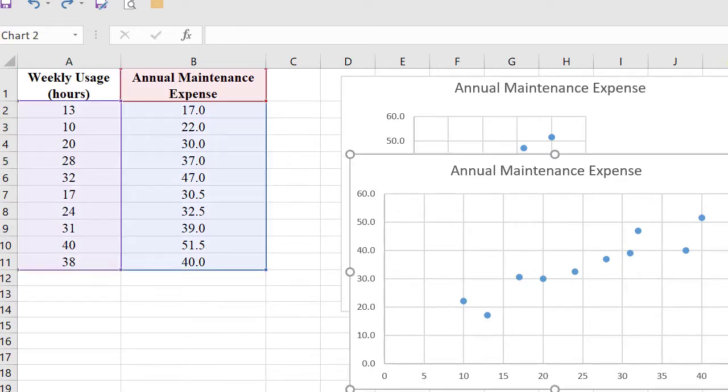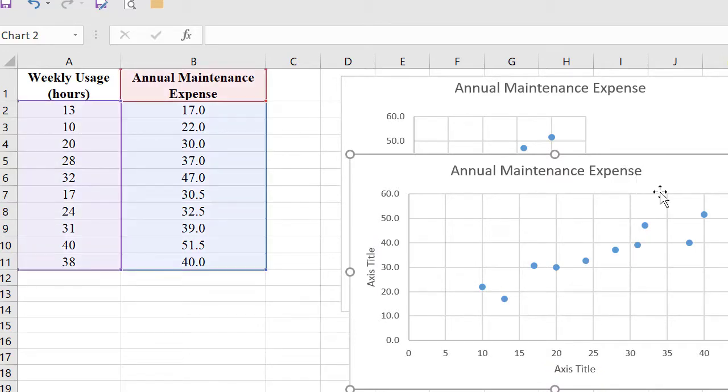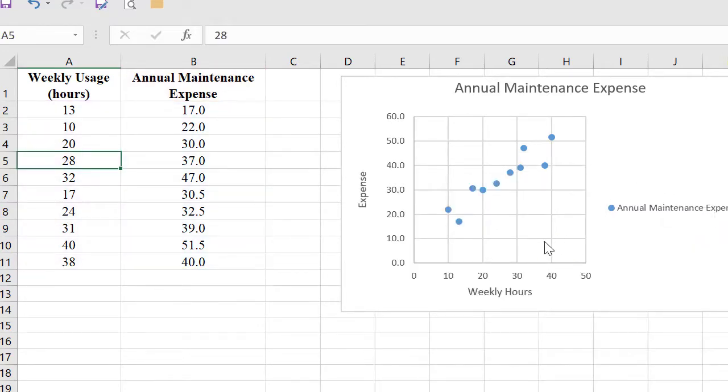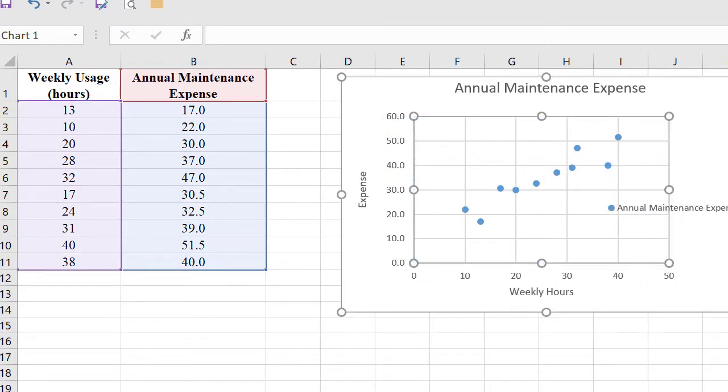Now I can make it look nice by putting in the titles, typing in something here and something here. What you'll end up with is a scatter chart like this one: weekly hours, expenses in hundreds of dollars.